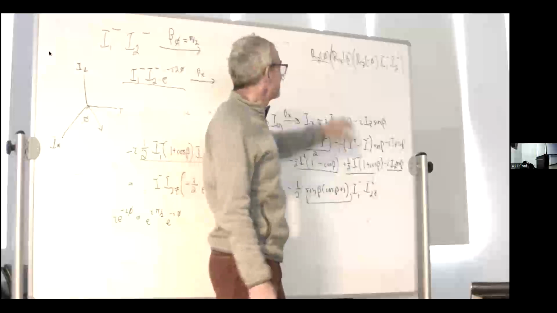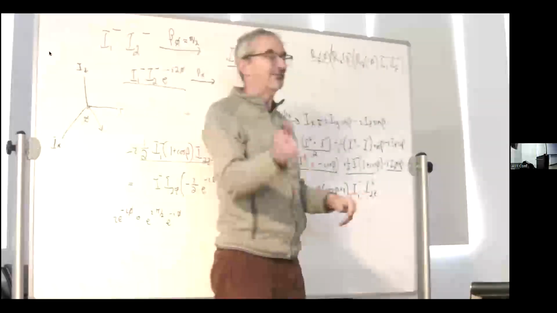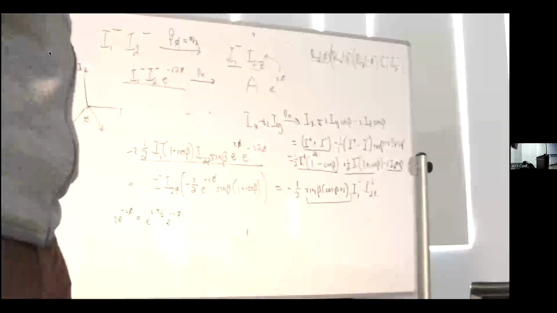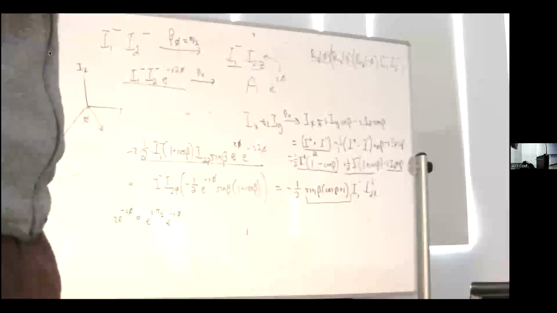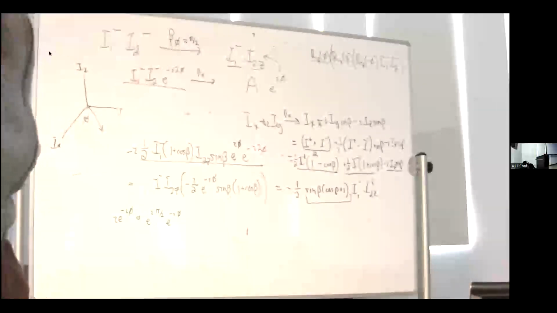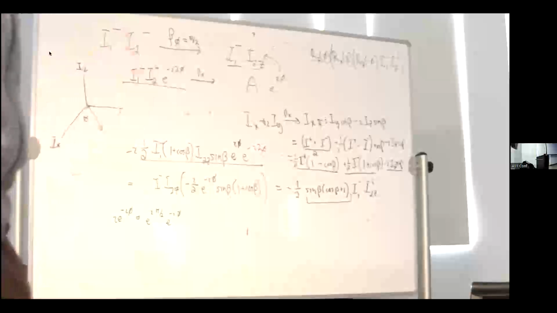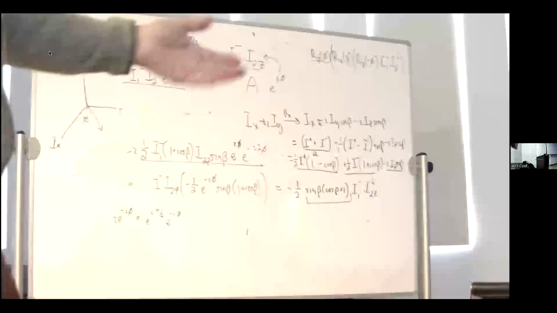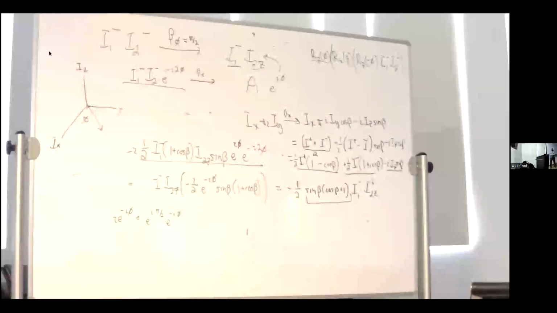And the Cartesian operators are much simpler when you have to apply a pulse, and more complicated when you have to evolve around Z. So sometimes in analyses, people are switching back and forth between the two representations in order to understand or make the calculation as simple as possible.